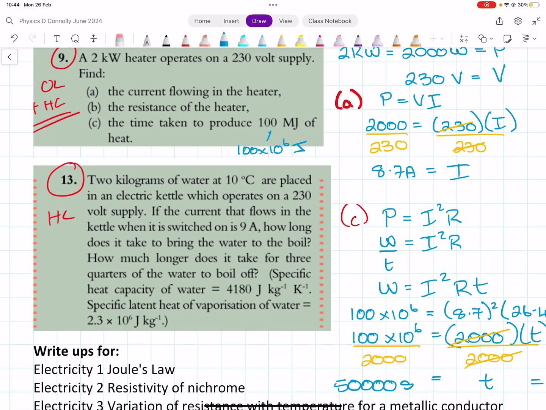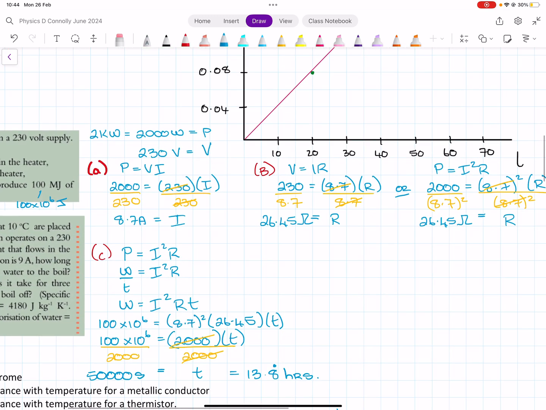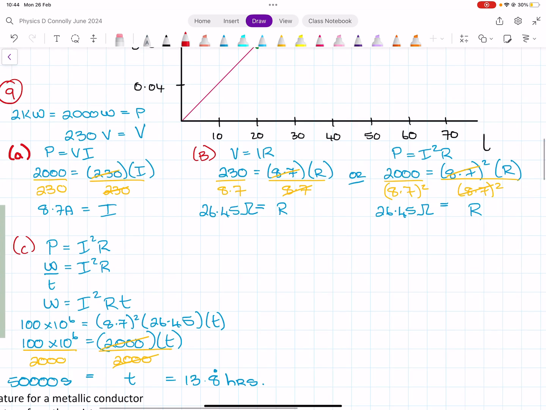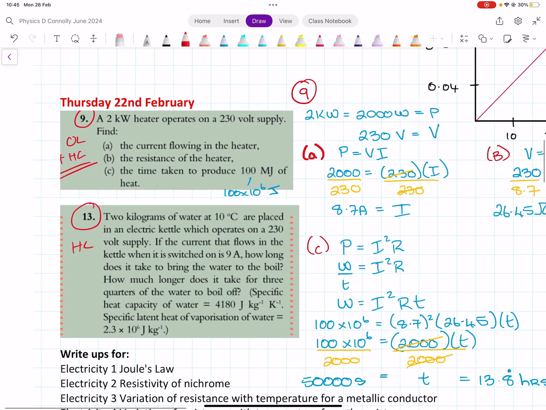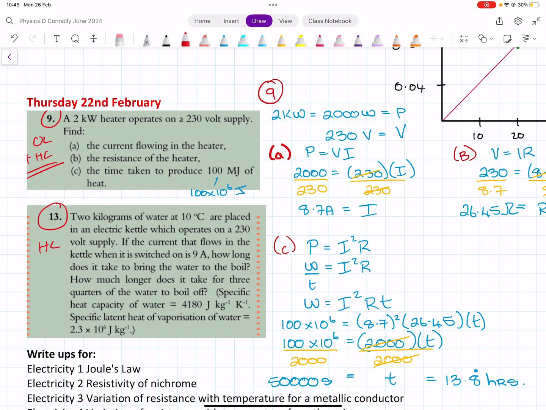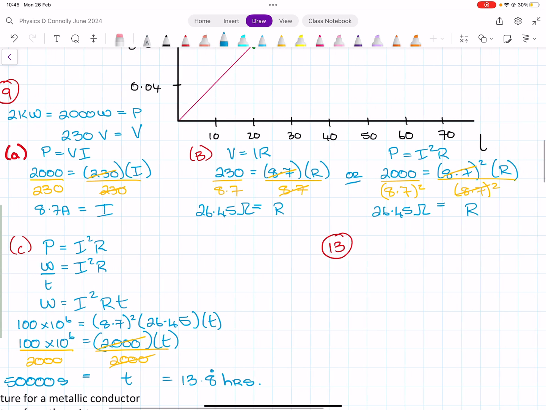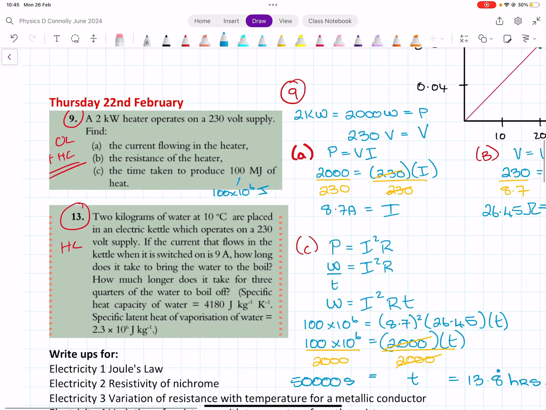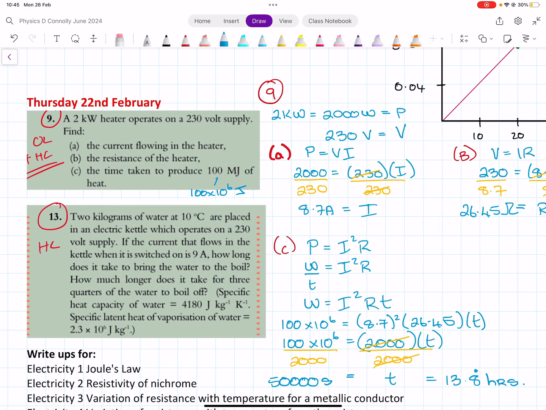So the second question is, sorry, that's question 9. Second question is question 13. Okay, so 2 kilograms of water at 10 degrees Celsius are placed in an electric kettle which operates on a 230 volt supply.